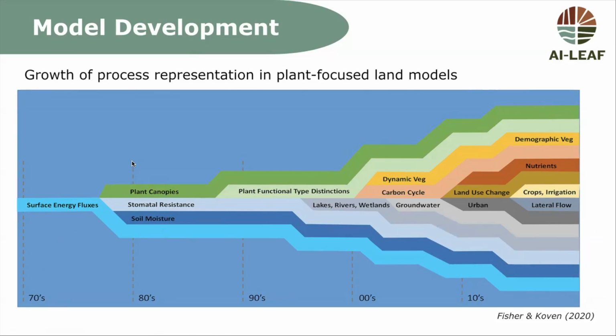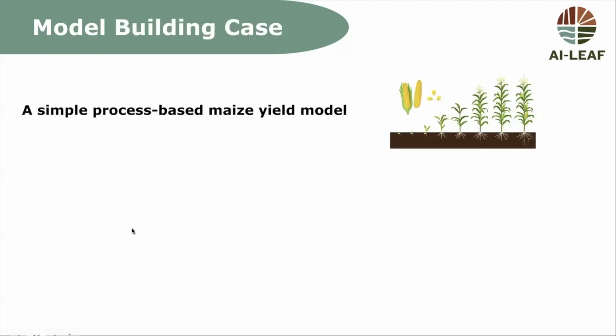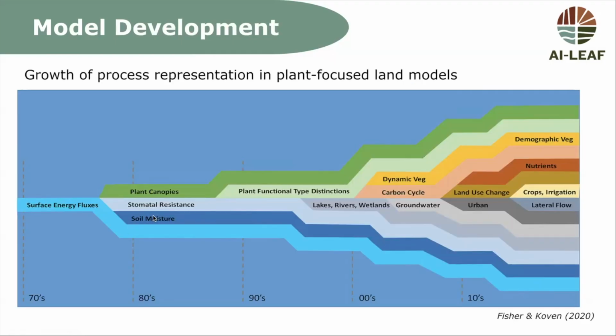Then they just considered the simple leaf and stem process and the soil moisture. So this is still very simple given our knowledge development. Then the scientists included more information in the models, like plant functional types, dynamic vegetation development, and also considered hydrology processes like rivers, wetlands, groundwater.